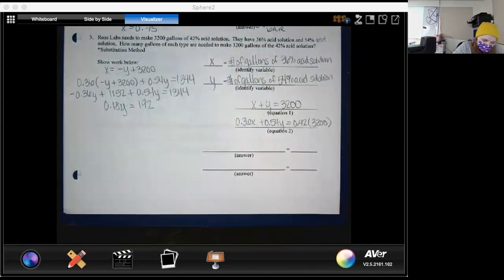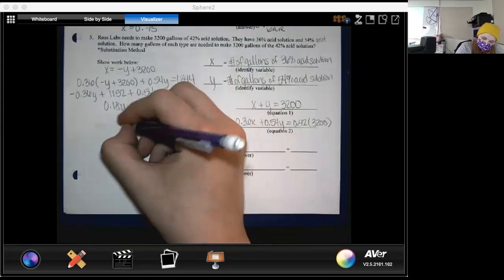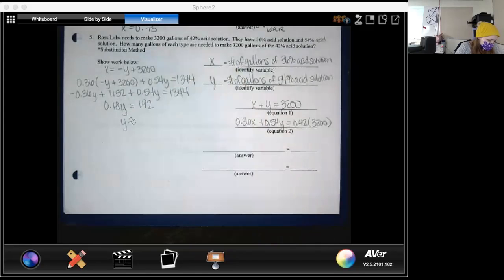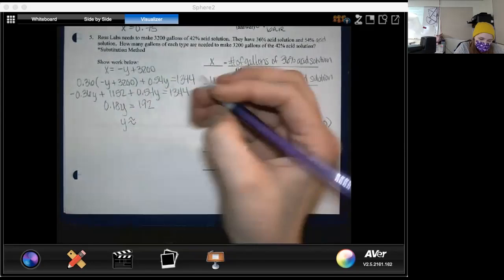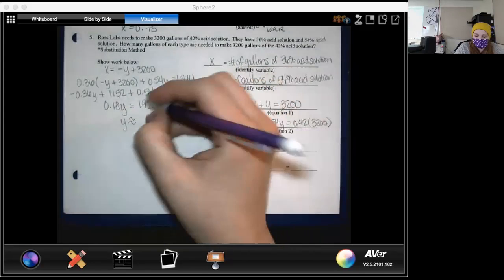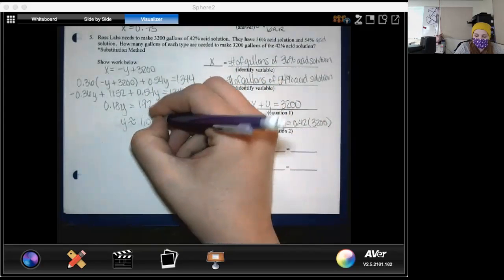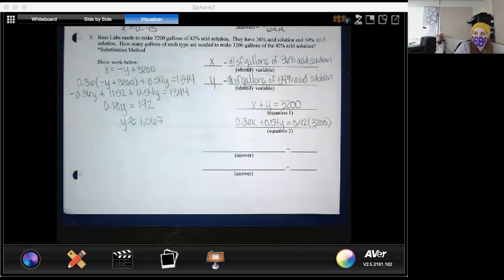And divide. Okay, and you're going to get a decimal, but approximately what will y equal? 192 divided by 0.18, rounded to the nearest whole. 1,067, right? Because 0.6 would round up. Okay, and then you should be able to easily find x at this point.